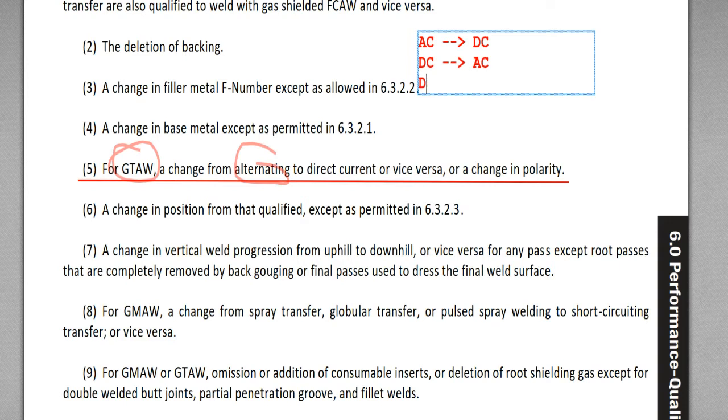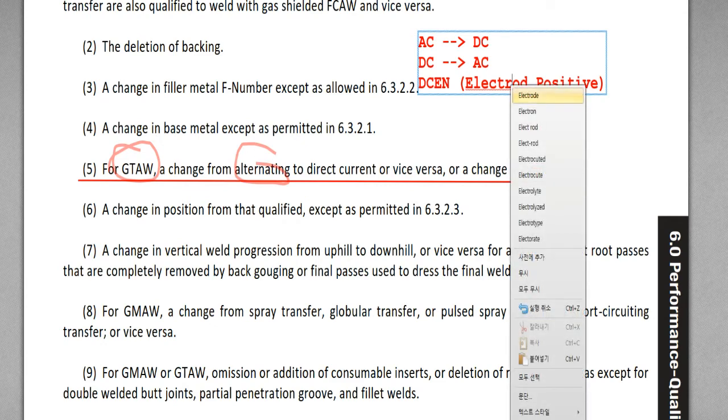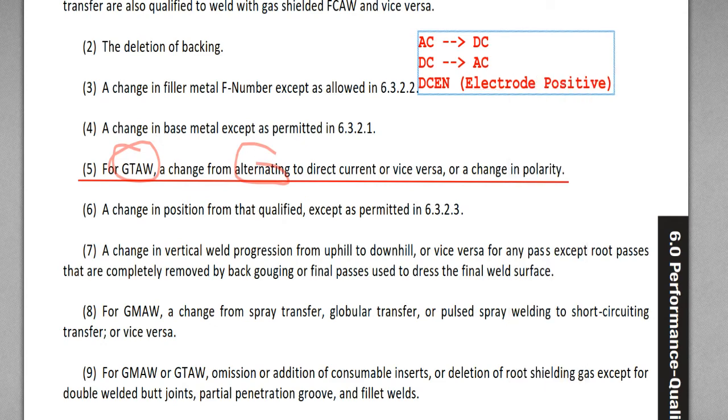Polarity is DCEN, meaning electrode negative, and another one is DCEP, electrode positive.